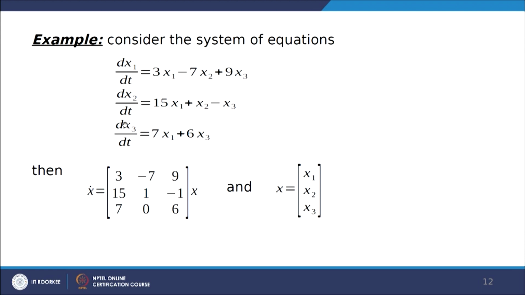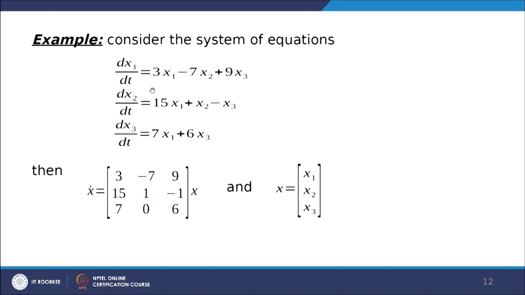So, this left side can be represented by the vector valued function x dot, and on the right hand side the coefficients of x1, x2, x3 are 3, minus 7, 9. Here x1, x2, x3 have coefficients 15, 1 and minus 1. Here x1 has coefficient 7, x2 has coefficient 0, x3 has coefficient 6.